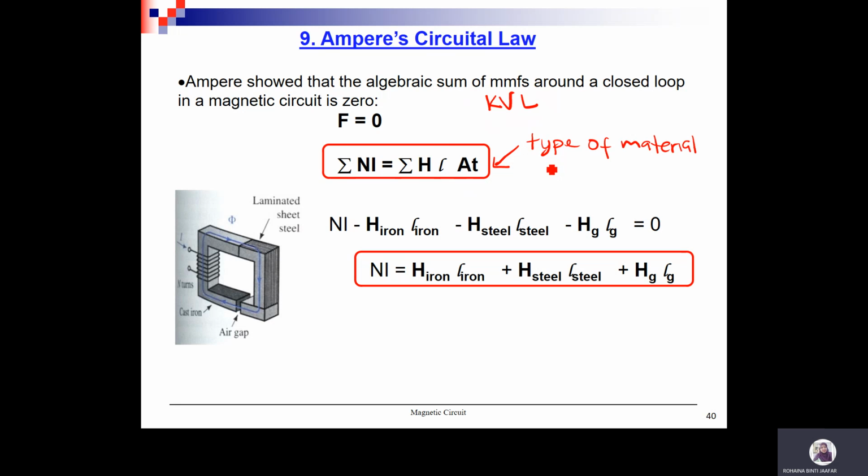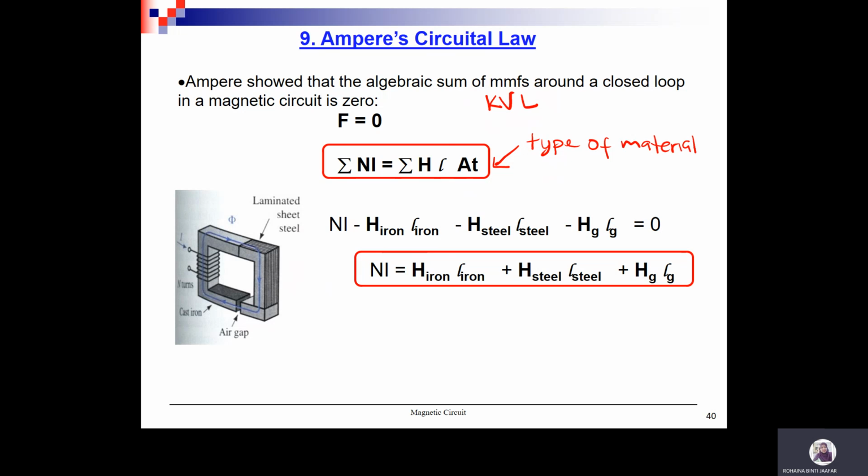of your magnetic circuit. For example, refer to this magnetic circuit. You have to identify how many types of material are used in the magnetic circuit. Here you can see that you have laminated sheet steel, so one material. The second material is cast iron, starting from here to this section.